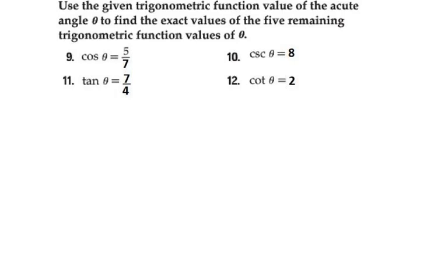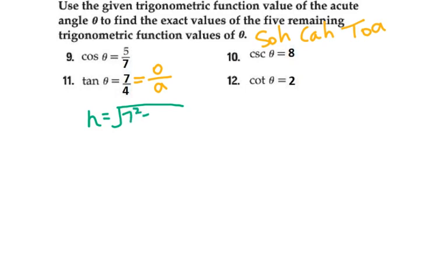Now let's go to 11. For 11, you are given tangent theta, that's a major trig function, so I can label. That's O over A according to SOHCAHTOA. And we're looking for that H. So I have 7 squared plus 4 squared. Hypotenuse, always you do addition.